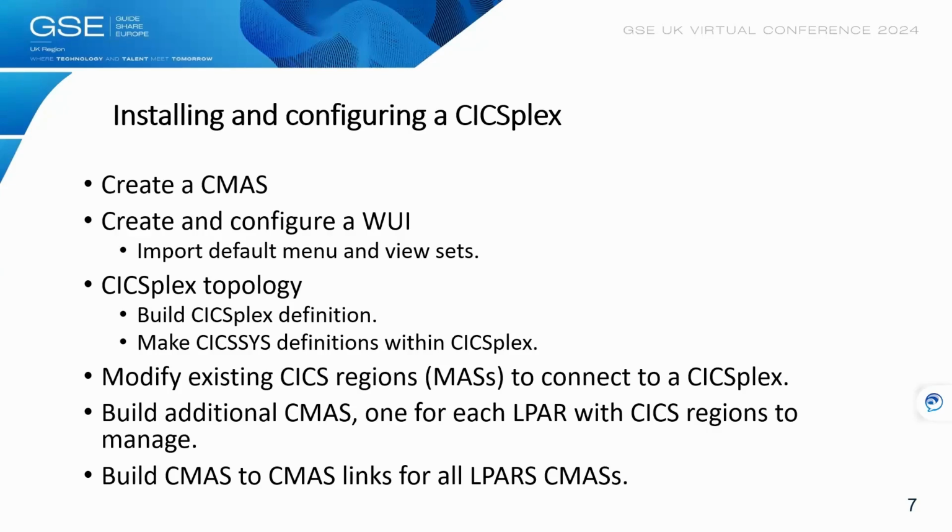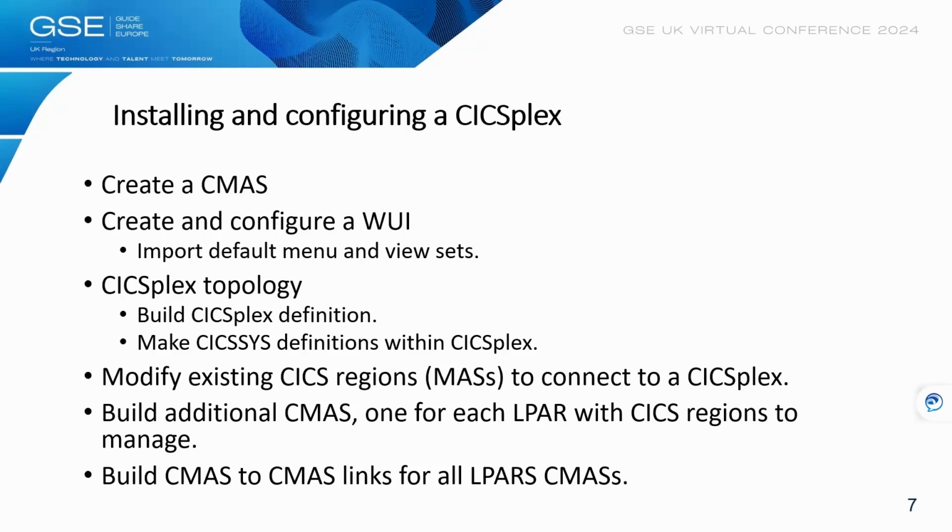And then you have to make these system definitions within CICSPlex SM. So it's not enough to define the CICS region itself. Within CICSPlex, you need records to say, these are the regions that I'm looking at. Then you have to modify your CICS regions to connect to the CICSPlex, which is not that difficult to do.